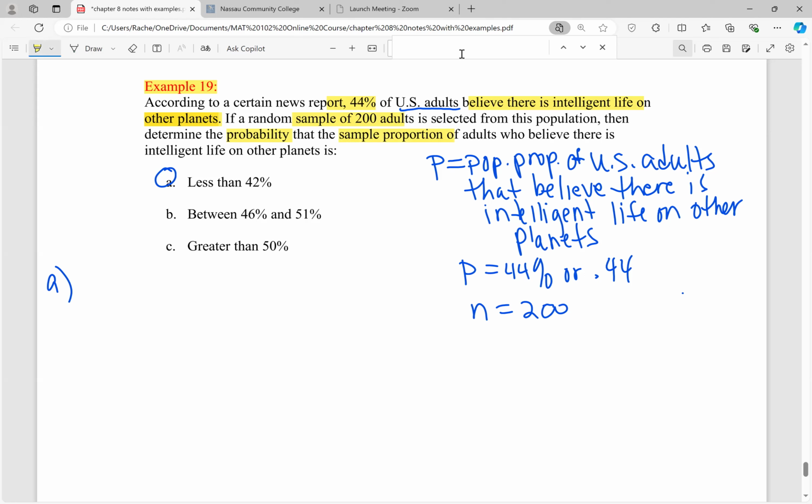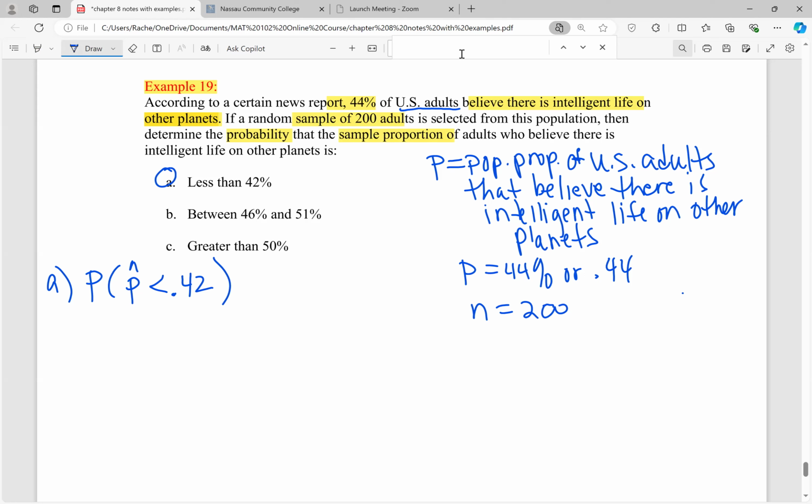So the sample proportion of adults that believe there is intelligent life on other planets is less than 42%. So we want to find the probability that the sample proportion P hat is less than 42%, or as a decimal, 0.42. So typically I usually write things in decimal form because when we go to plug it into a formula in the calculator, we have to convert it anyway. So I just do it now.